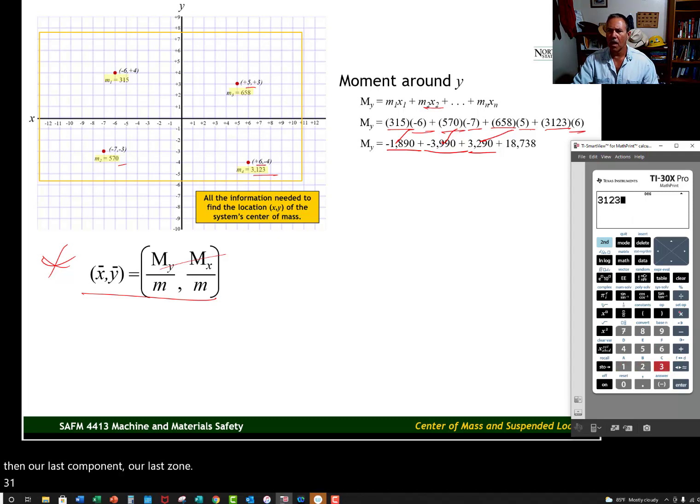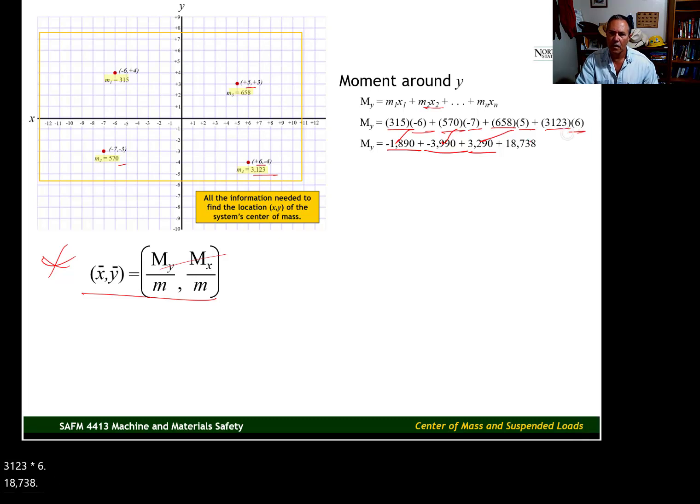Then our last component, our last zone, $31.23 multiplied by 6, 18,738.